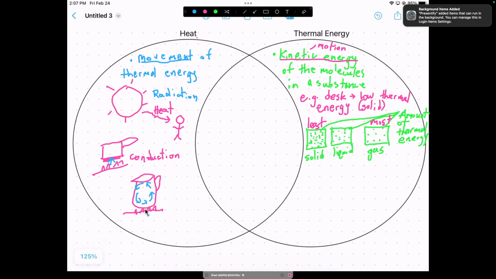Again, there's a thermal energy transfer from the fire to the liquid. I'm going to use a green. The burner, the source here, the fire, is transferring thermal energy, and the water inside is being heated.